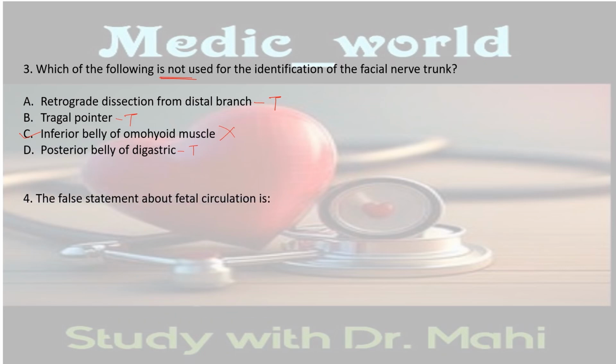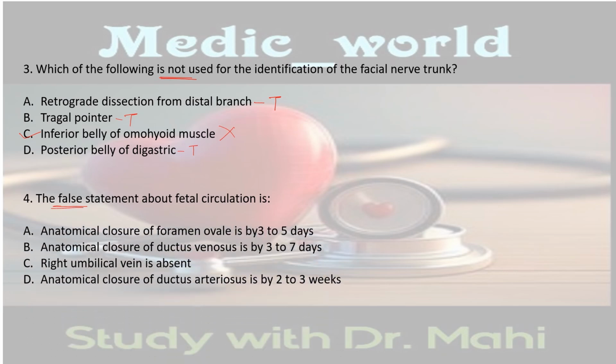Now the next question, the false statement about fetal circulation. False statement is asked. Let's read the statements. Anatomical closure of foramen ovale is by 3 to 5 days. No, it is the false statement.